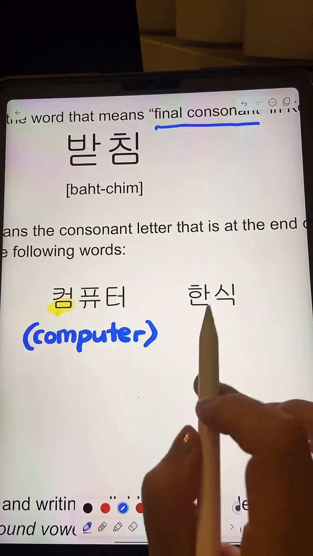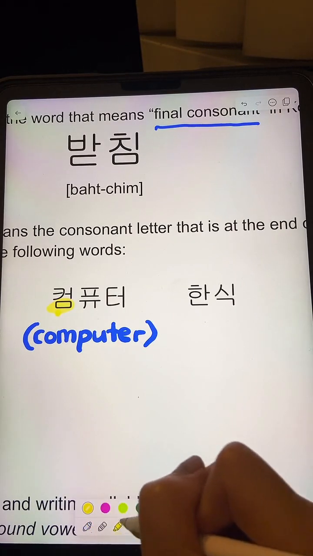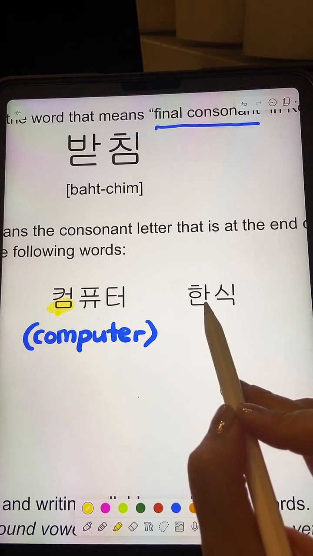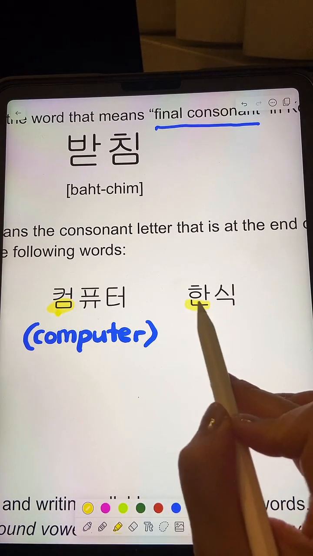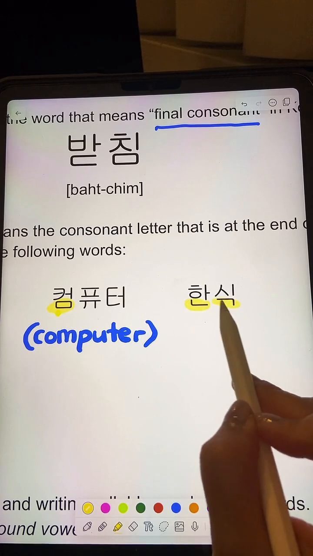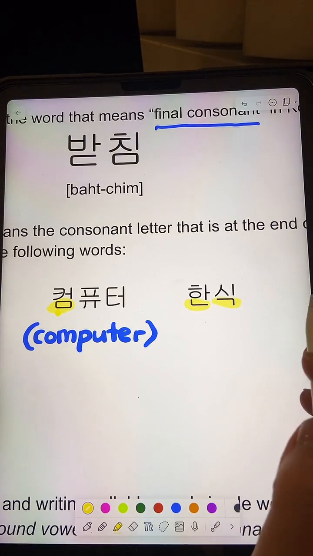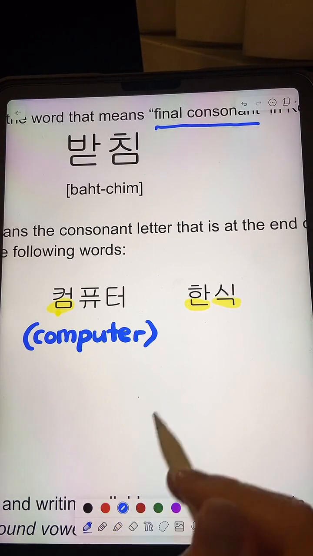The last one, what is a 받침? In this case, we have 2. 1, 2. Yes, great job. How do you read this?